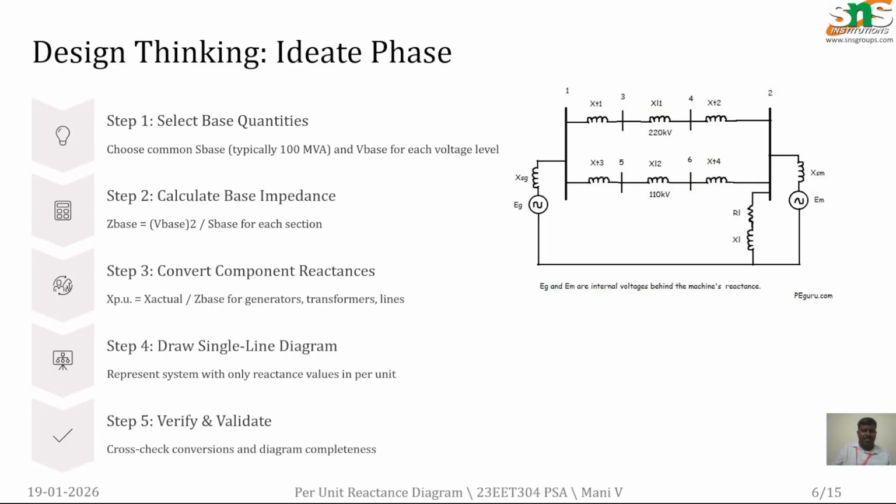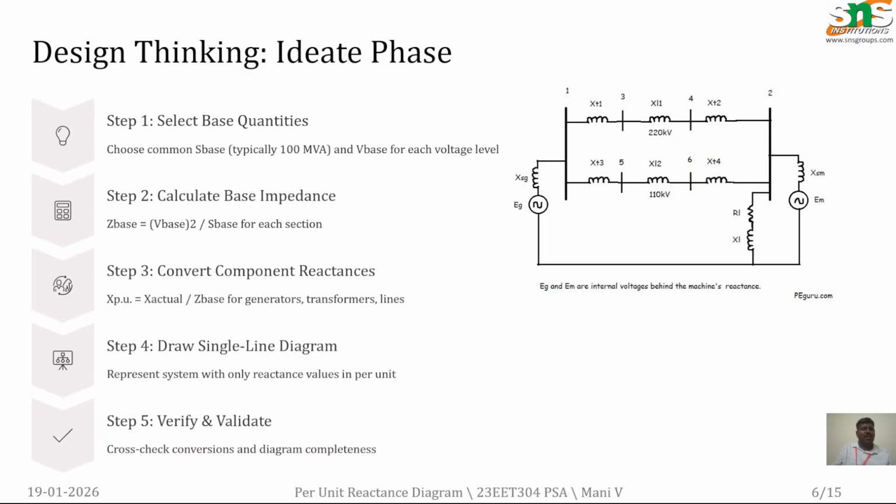After selecting the base quantities, in step two we calculate the base impedance. The formula is base impedance equals base kV squared divided by base MVA, or V base squared divided by S base, where S is the apparent power.